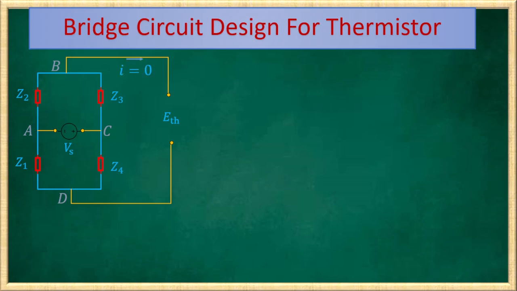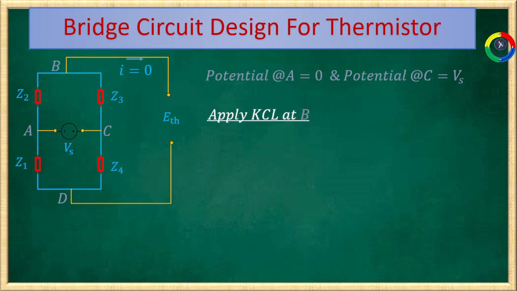Now, from this configuration, the negative terminal of the voltage source is connected to the node A. So the potential at A is 0 and the potential at node C is Vs. Now, applying Kirchhoff's current law or KCL at node B, we get (Vb minus 0) over Z2 plus (Vb minus Vs) over Z3 is equal to 0, since we assume there is no current passing through the voltage measuring device.